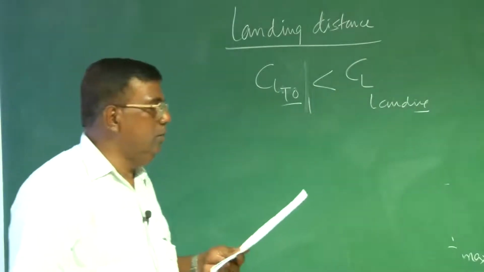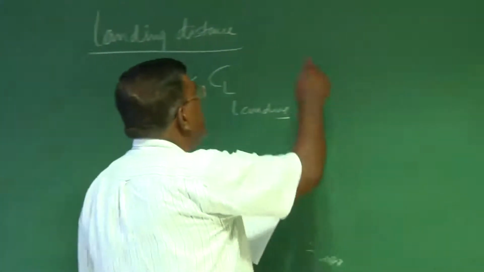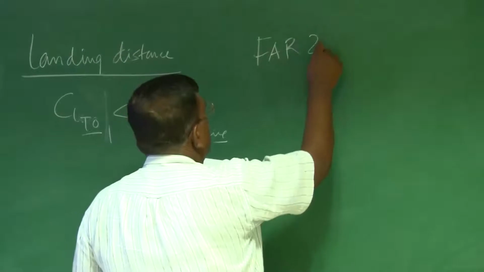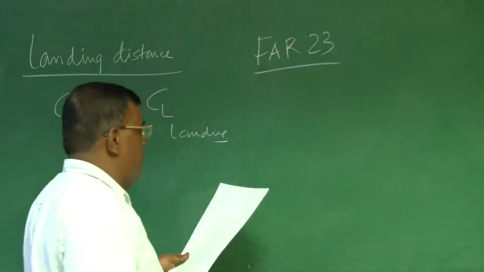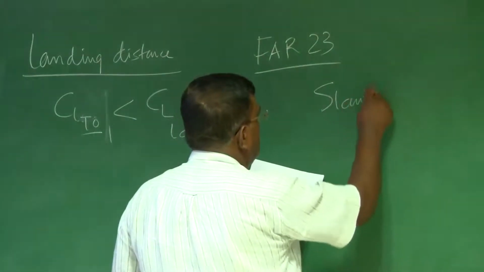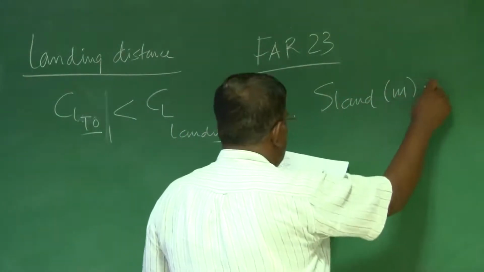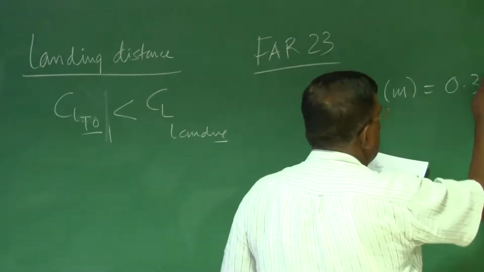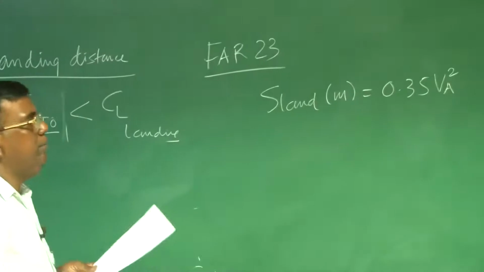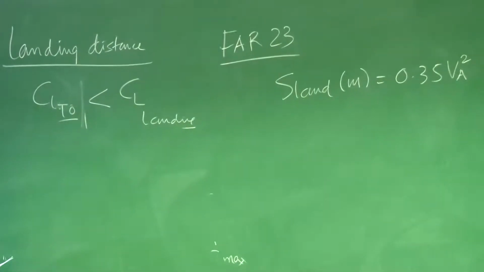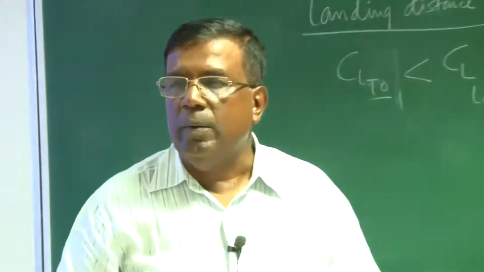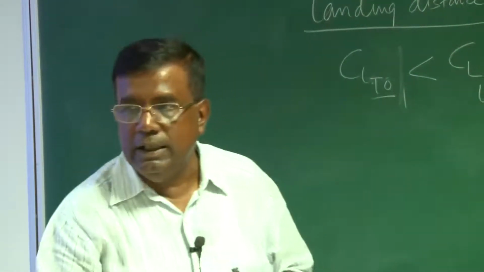But you need to know how the regulation dictates from a safety point of view, FAR 23. I am giving a very old FAR requirement. It says S-land in meters should be 0.35 VA square. This also I have been following from the NPTEL lecture by Professor Tulapurkar from IIT Madras. Right? You can always read that.